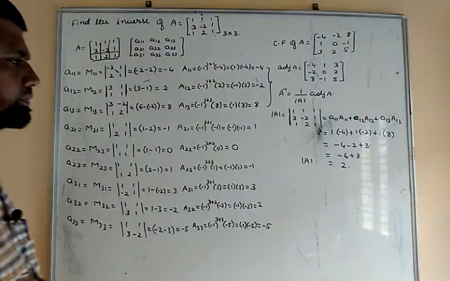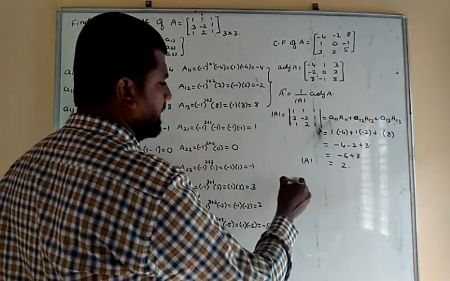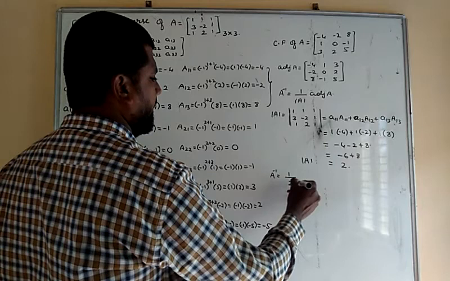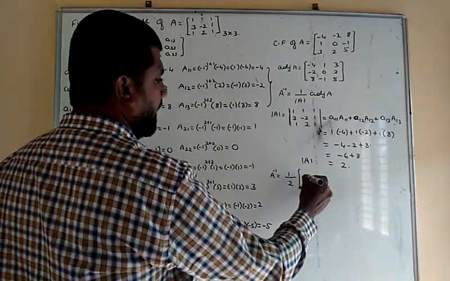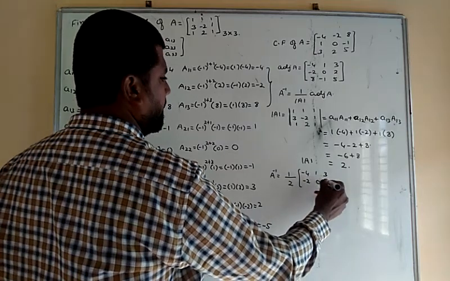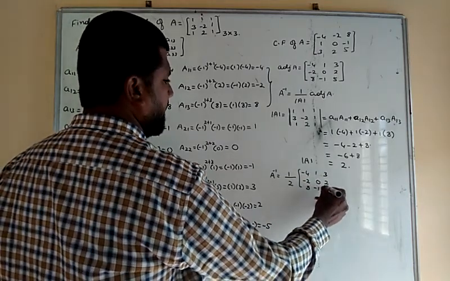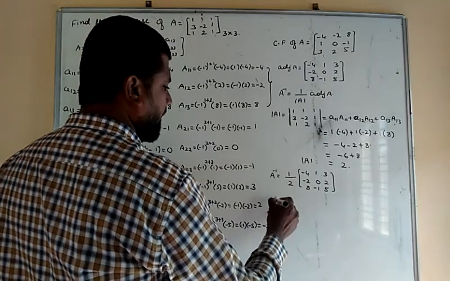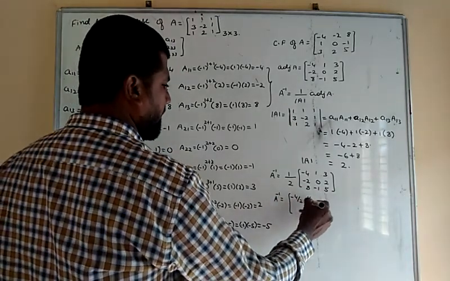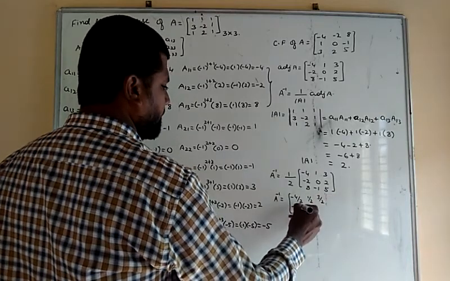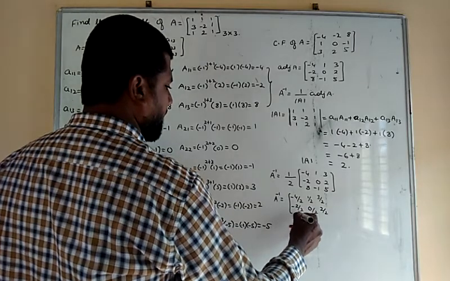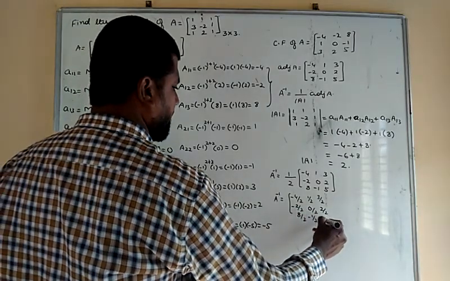So 2. Let us substitute the values in the formula. A inverse is equal to 1 by 2 into adjoint of A: minus 4, 1, 3, minus 2, 0, 2, 8, minus 1, 5. If you multiply with this, A inverse is equal to minus 4 by 2, 1 by 2, 3 by 2, minus 2 by 2, 0 by 2, 2 by 2, 8 by 2, minus 1 by 2, 5 by 2.